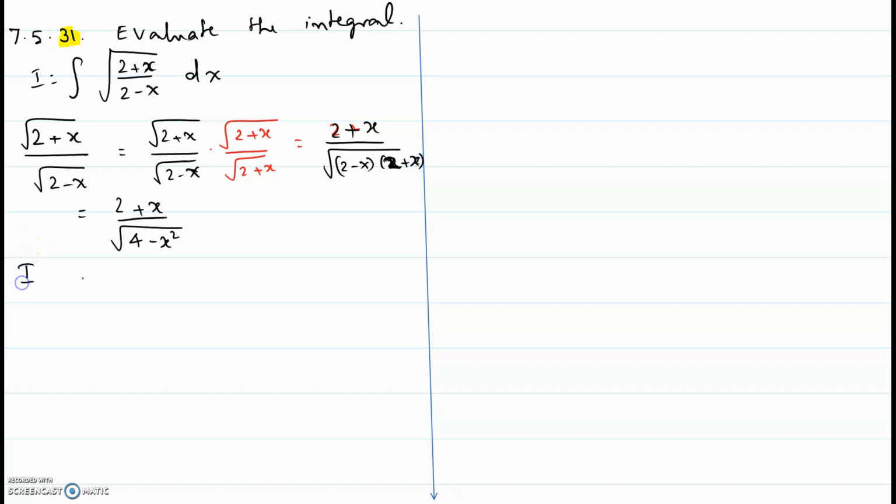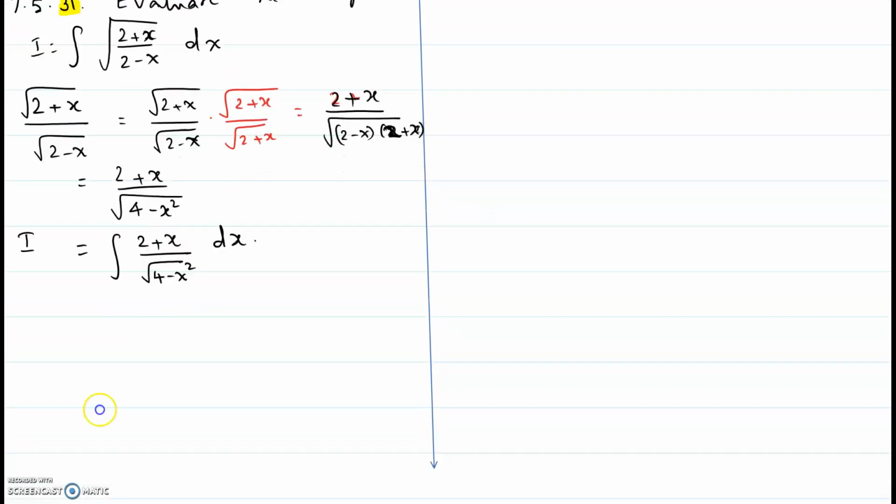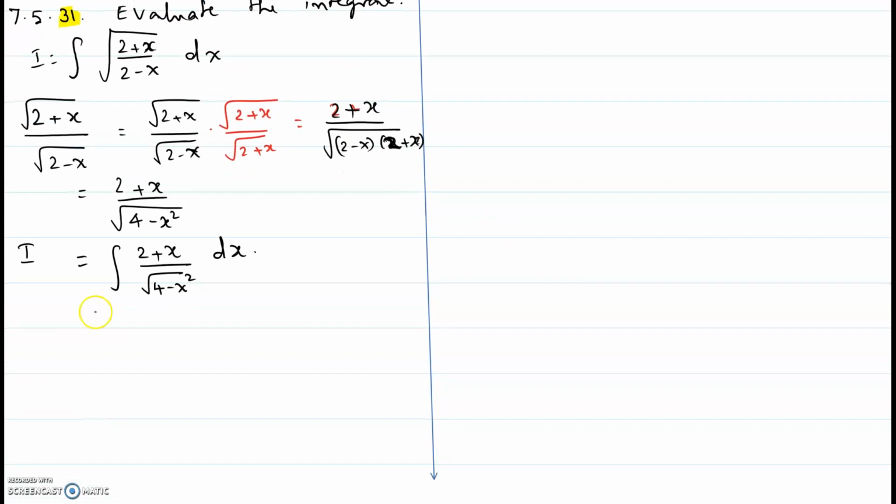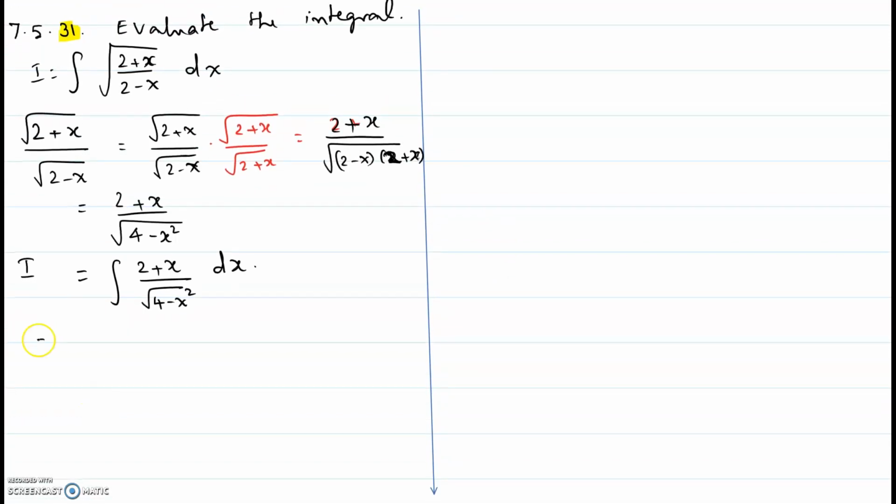So now the integral I can be written as the integral of 2 plus x over square root of 4 minus x squared dx. We are going to break this up into two integrals. So I is the integral of 2 over square root of 4 minus x squared dx, plus the other one, x over square root of 4 minus x squared.